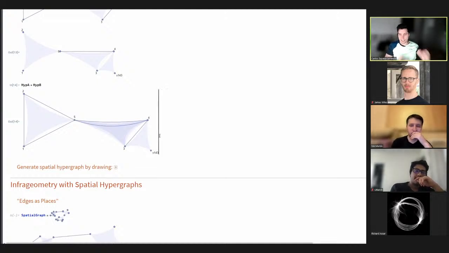So this construction, this is what you could call an object-wise construction. You have some horizontal construction where you have hypergraphs as static, independent objects, and you can operate on them with some kind of algebra.